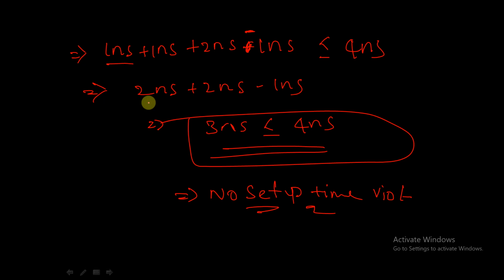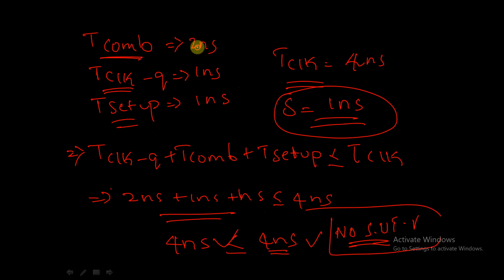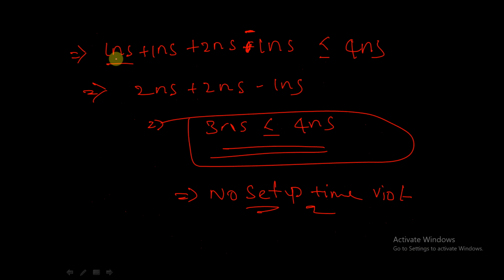And let's say if this combinational circuit delay is 3 nanoseconds. So what will happen in this case without skew? If it is 3 nanoseconds, then 3 plus 1 is 4, plus 1 is 5. There is a setup time violation. But if we add the skew in the same scenario with t combinational equal to 3 nanoseconds, then 3 plus 1, 4 plus 1, 5 minus 1 will become 4 nanoseconds, right?